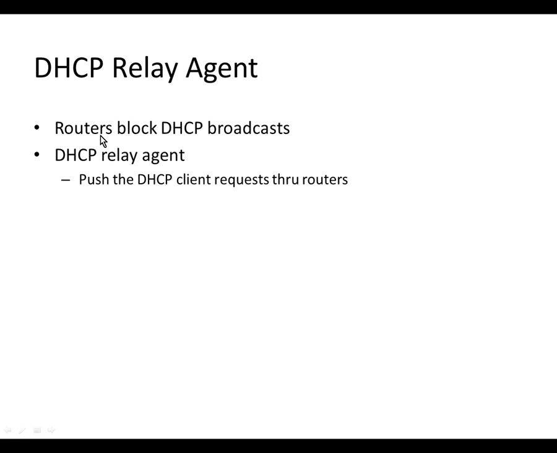Now let's discuss the DHCP relay agent. Routers, as you know, block DHCP broadcasts. The purpose of a DHCP relay agent is to push the DHCP client requests through routers.